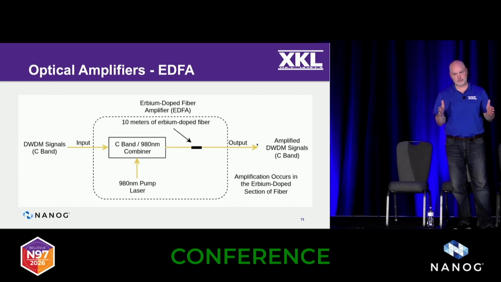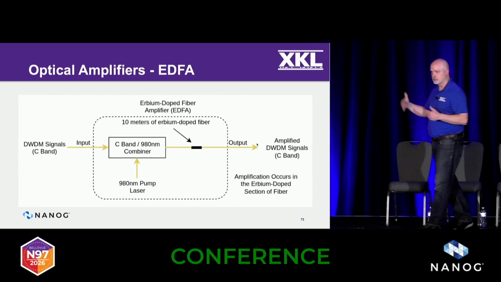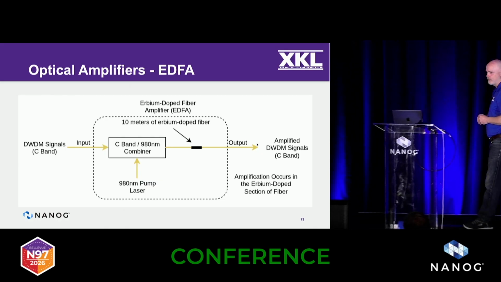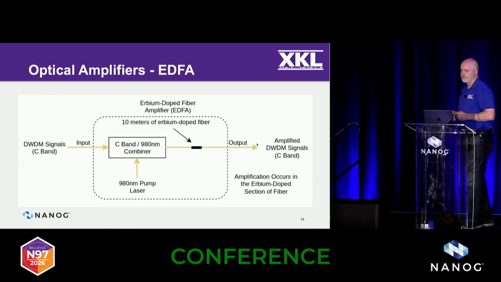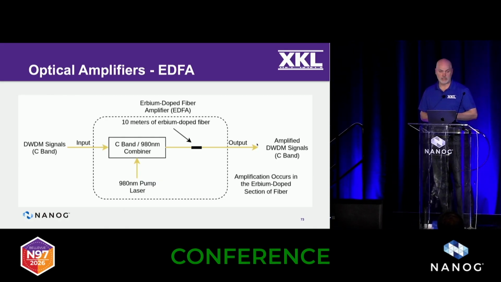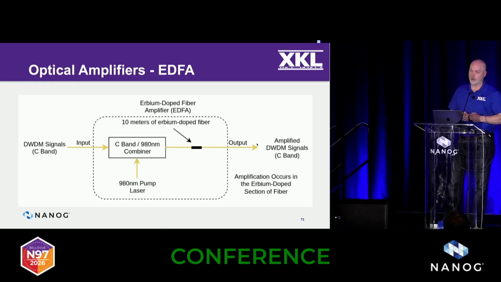So they're very frequency specific. You get outside that, you try to go in L-band, you need to dope the fiber a little differently. So that's another reason why the C-band is so common. EDFAs work only in the C-band. So it's a really simple design.